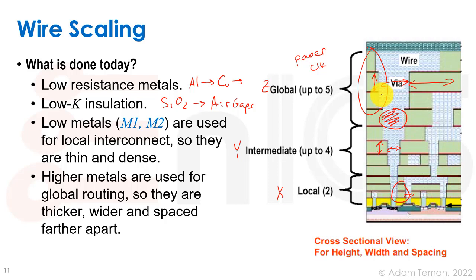So we have these high DRCs between them. This stacking way, where we have different metal layers at different heights with different sizes and design rules, is what helps us deal with wire scaling today. But it is indeed a huge problem, and it really affects us in modern processes.